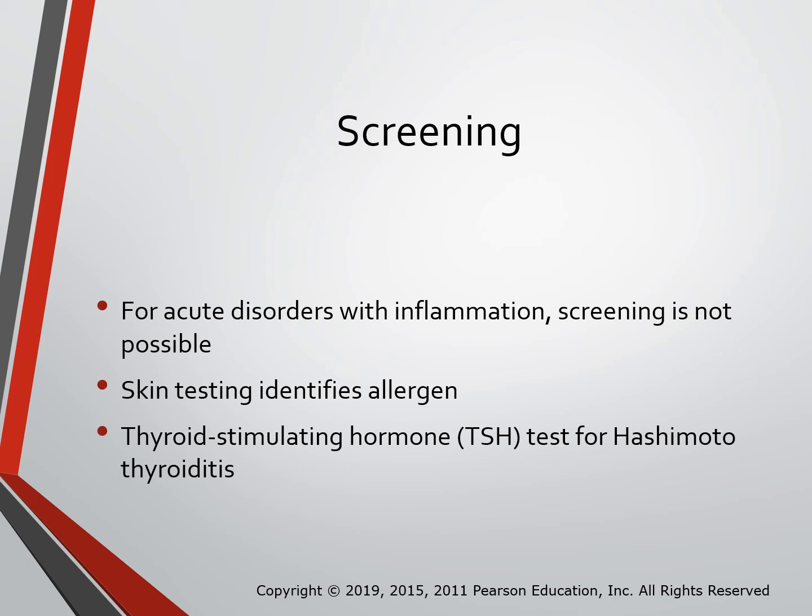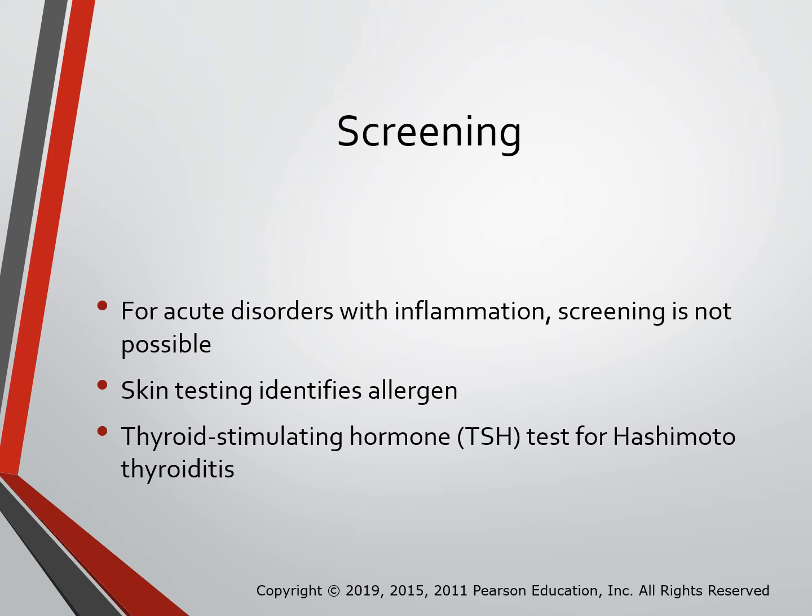So what are our screenings? The goals of early identification and treatment of inflammatory diseases includes reduced mortality and effective management of the disorder. For many acute disorders that have an inflammatory component, such as appendicitis, screening is not possible because it happens quickly.